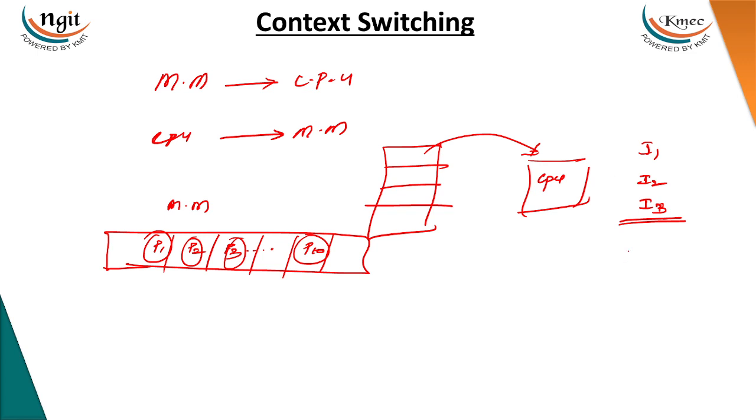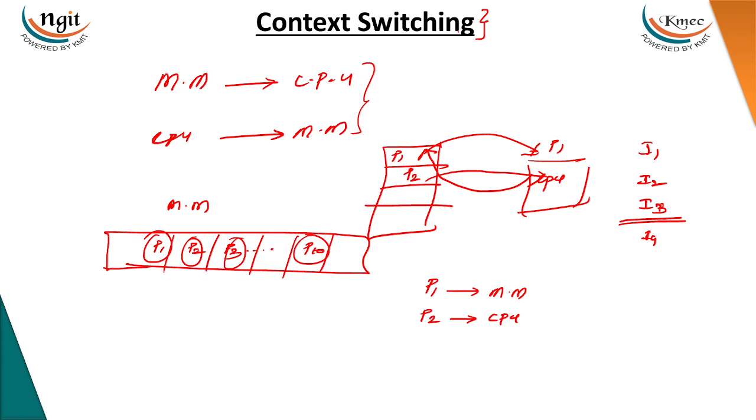Then, if the time given to it is completed, process P1 has to move from CPU to main memory, and P2 will be loaded into the CPU. This process of moving one process out and another in, where P1 moves back to main memory and P2 is sent to the CPU, is called context switching.